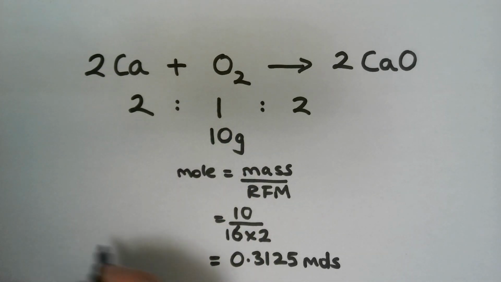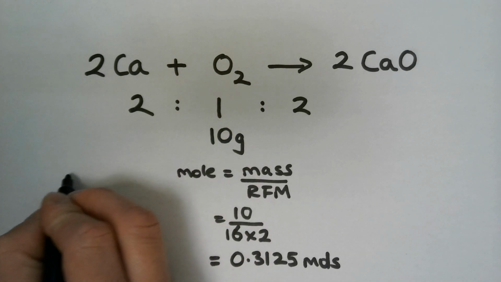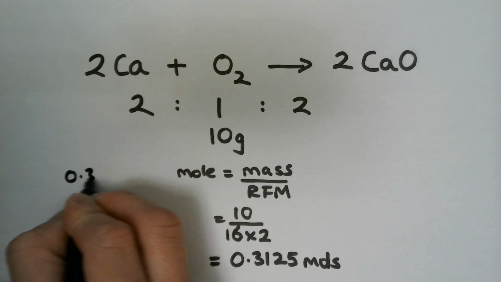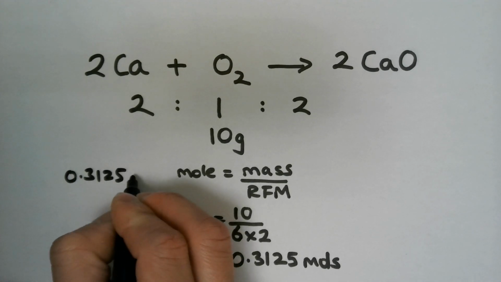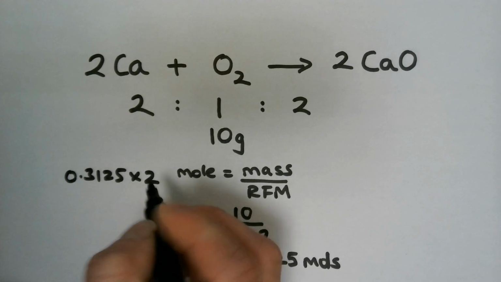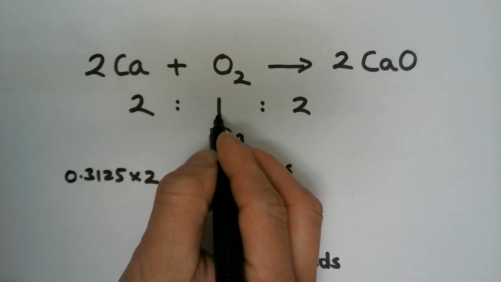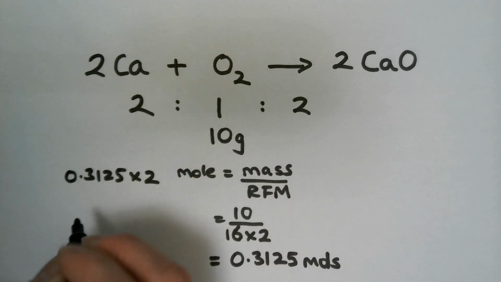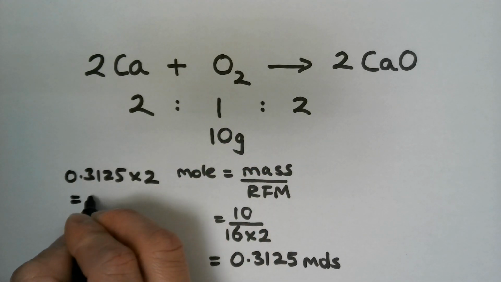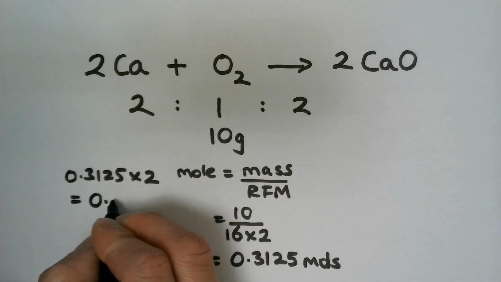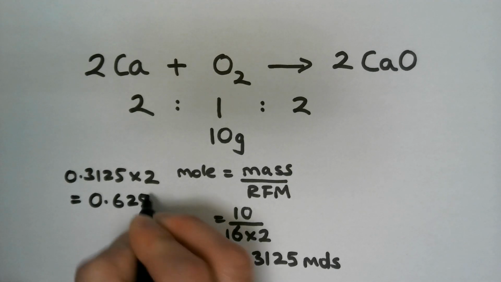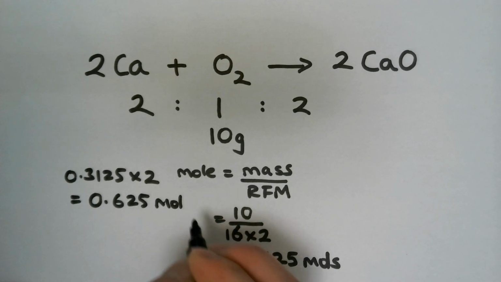of calcium. Okay, so if I take 0.3125 and I multiply that by 2 because I need twice as much, that equals 0.625 moles.